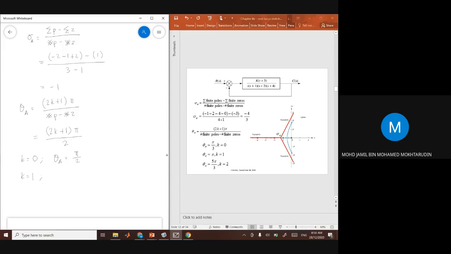K equals 1, you get theta A equals 3 pi over 2. So k equals 2, you get theta A equals okay, so this is exceeding 2 pi already, so we don't want this. Okay, so the angle of asymptote is at k equals 0 and k equals 1.